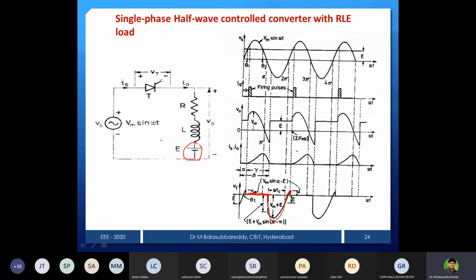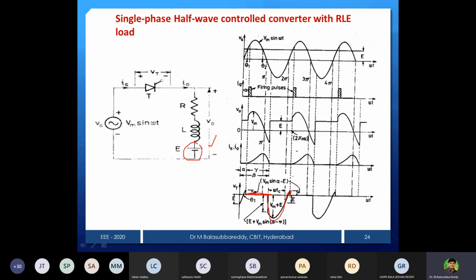In the earlier case we noticed the peak inverse voltage was Vm, because whenever the device is in the off state, the reverse voltage appears across it. That maximum inverse voltage is Vm. But in this case there is an additional voltage present here.